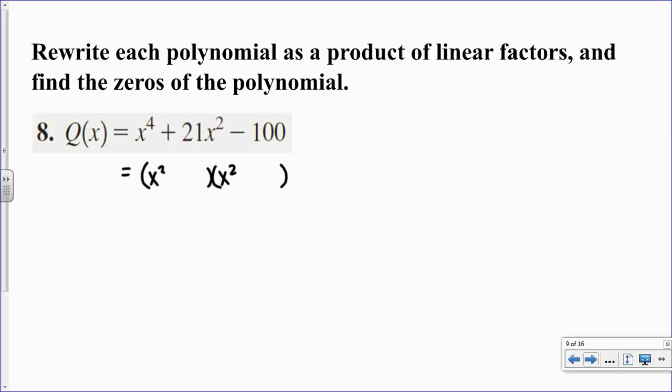All right, so factors then of -100 that add to give you +21. Okay, so 25 and 4, and which one's negative? The 4. Okay.